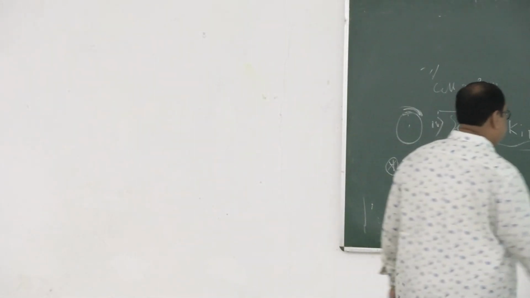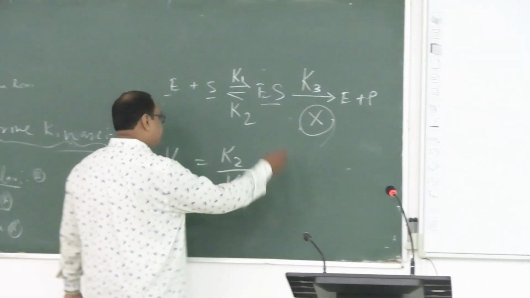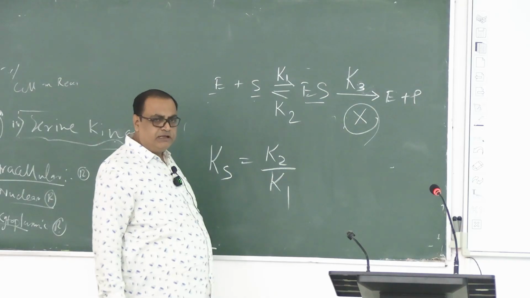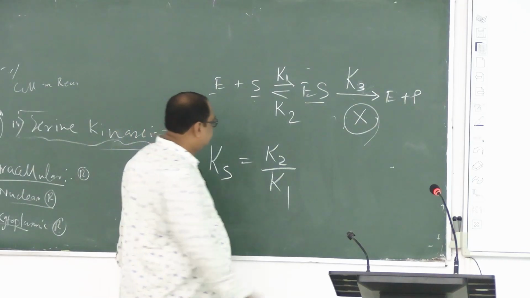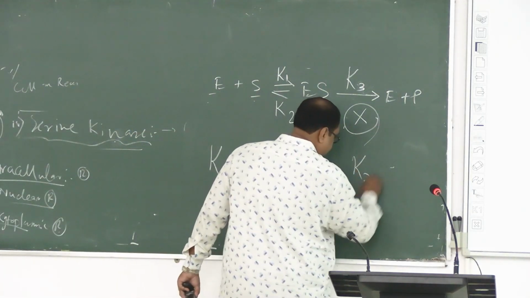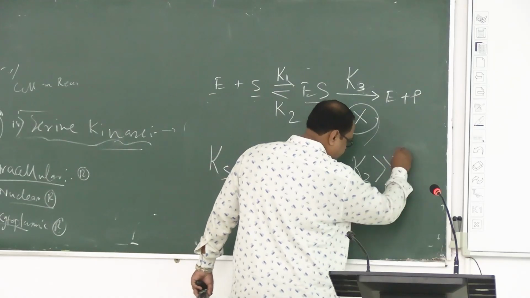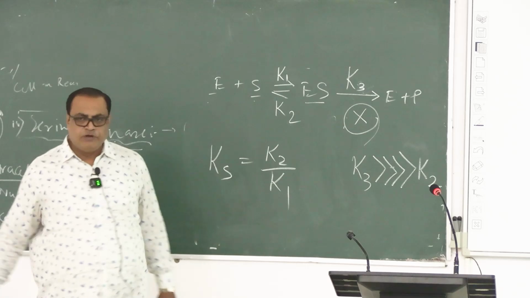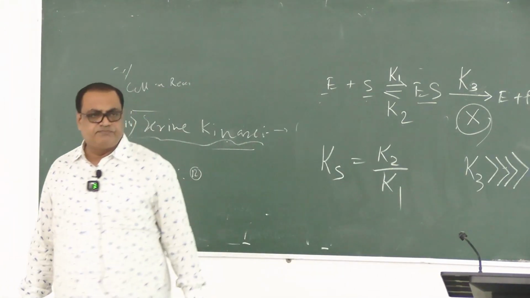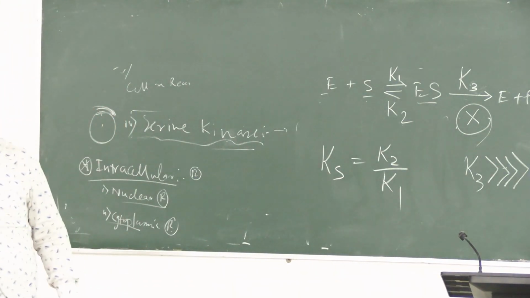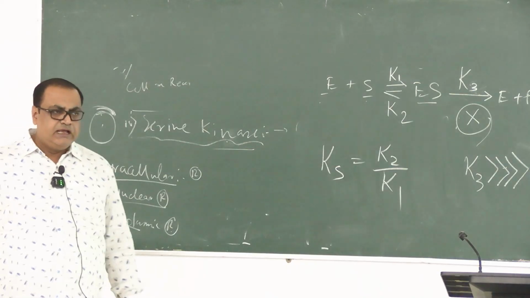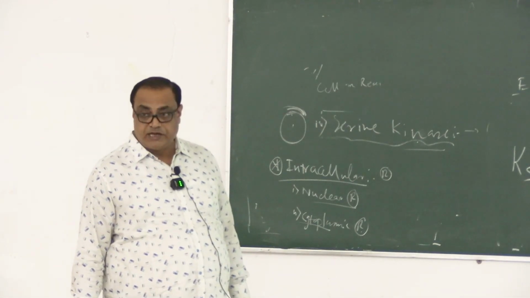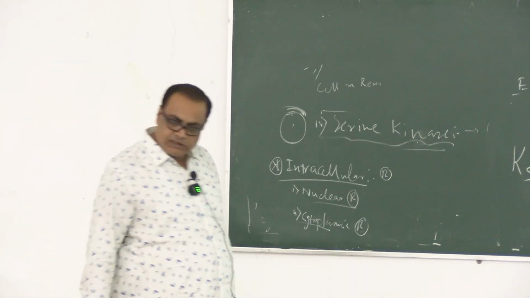But after 50 years from the discovery, when Briggs-Haldane came, they said in a biological system, when proper pH and temperature are provided, K3 is a much bigger quantity compared to K2. Right?